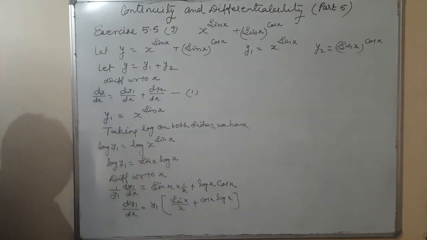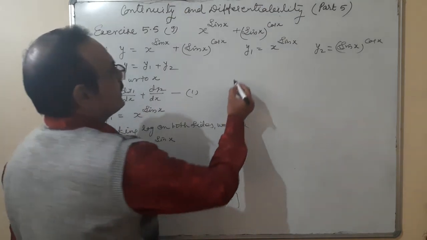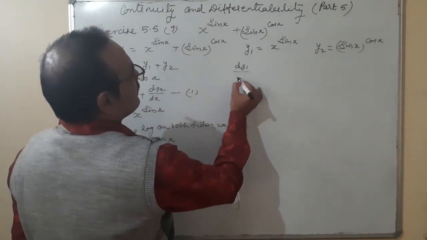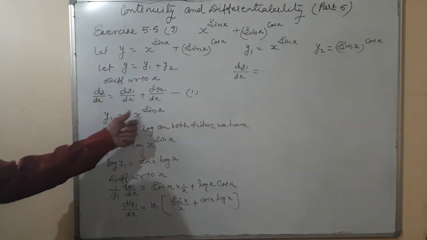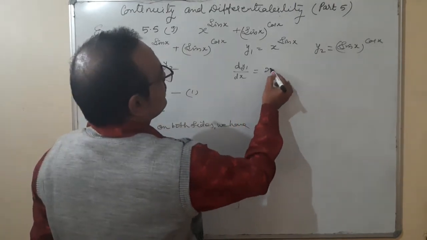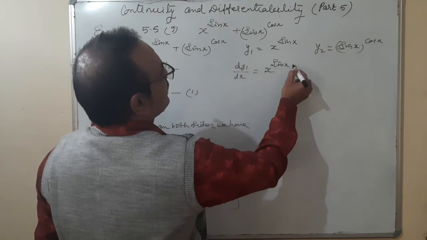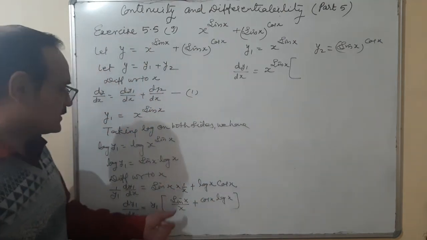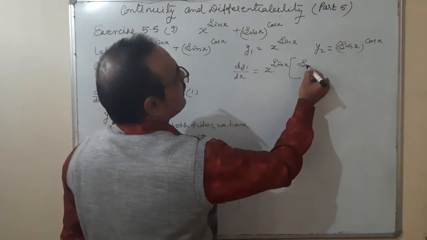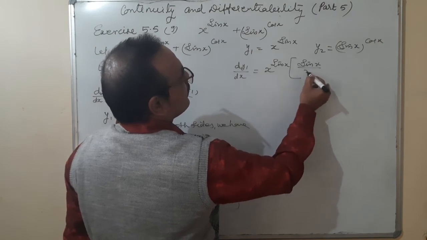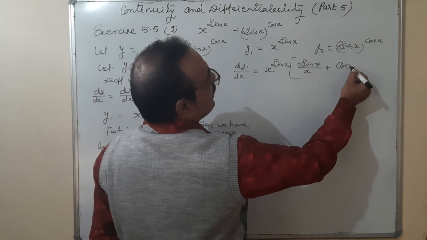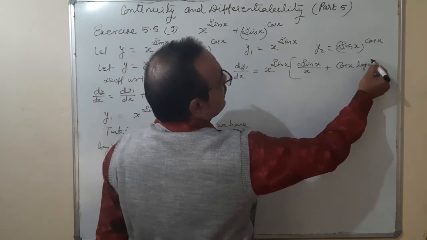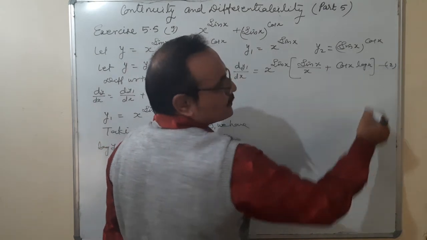Therefore dy1 by dx is equal to x to the power sine x, into sine x upon x plus cos x log x. This is equation number 2.